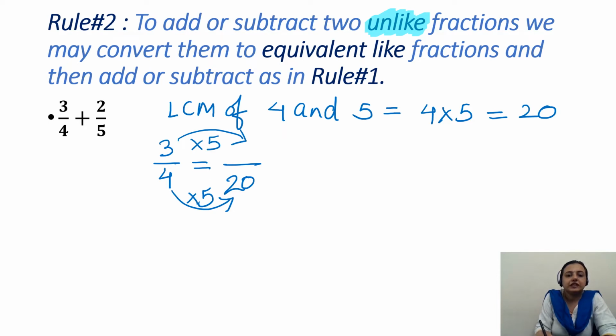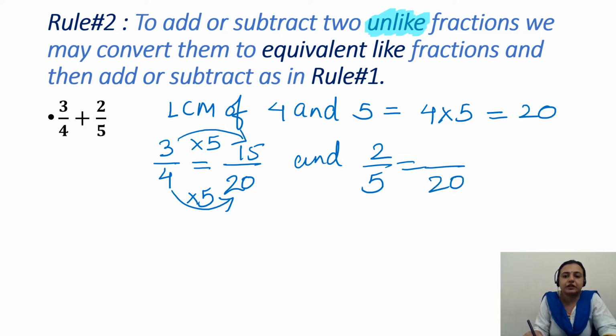So it is now 15 upon 20. And 2 upon 5, when converted into the equivalent fraction, is multiplied by 4, so this will be 8 upon 20.